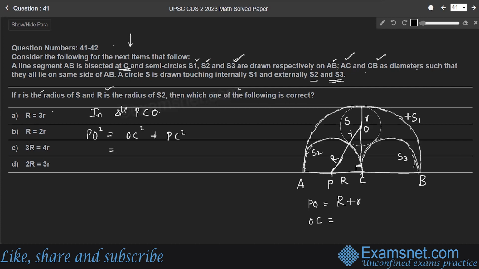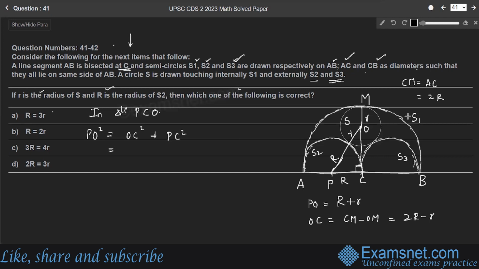Whereas OC is, I'll call this point M, CM is equal to AC, both are the radius of the semicircle S1, right? Since AC is 2 times R, the sum of the radii of semicircle S2, CM is also 2 times R. So OC can be written as CM minus OM. Are you getting my points? So OC is 2R minus r, as OM is small r.